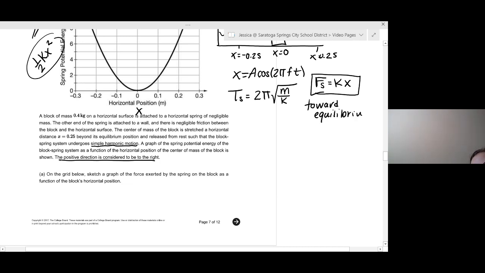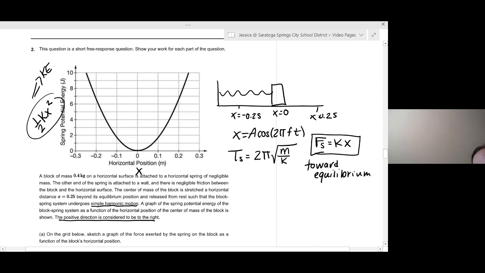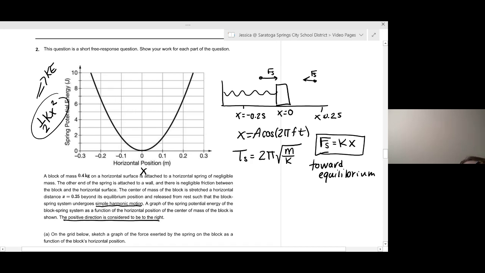So if we are to the left of equilibrium, the spring force always points right. If we are to the right of equilibrium, the spring force always points left, which means from negative 0.25 to 0, we need a positive force, and from 0 to 0.25, we need a negative force.